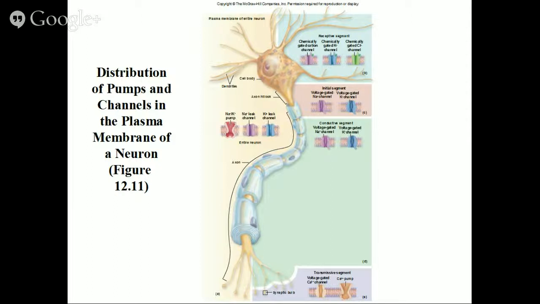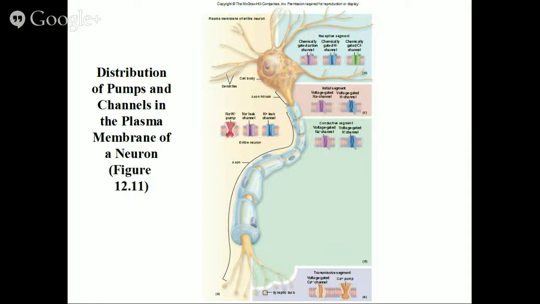The axon hillock is known as the initial segment, because basically if we don't make it happen at the initial segment, it's not going to happen anywhere else. At the initial segment, the positive charge that has spread from the dendrites and cell body begins to create a higher measure of voltage in this area.